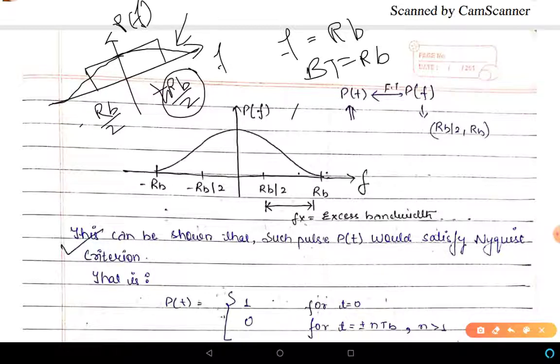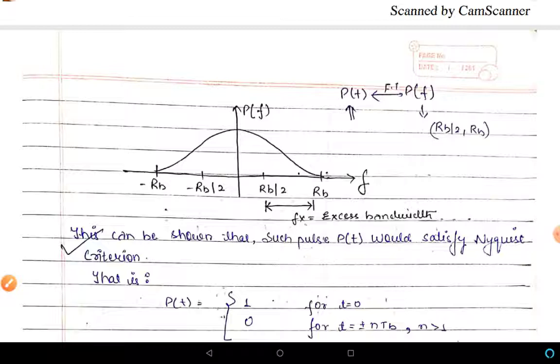This is shown here. As you can see, we have a pulse in frequency domain. We started from RB by 2 and it is extended till RB, and the excess of bandwidth over RB by 2 till RB is shown by a variable which is fx.